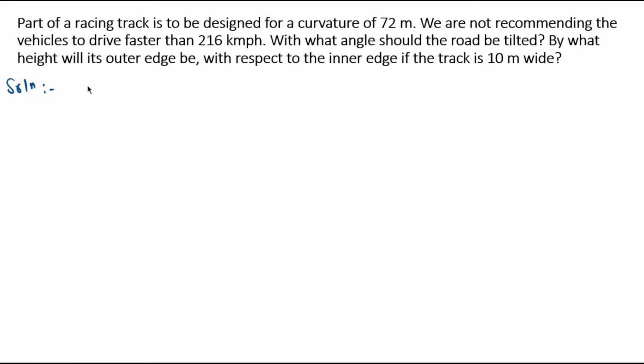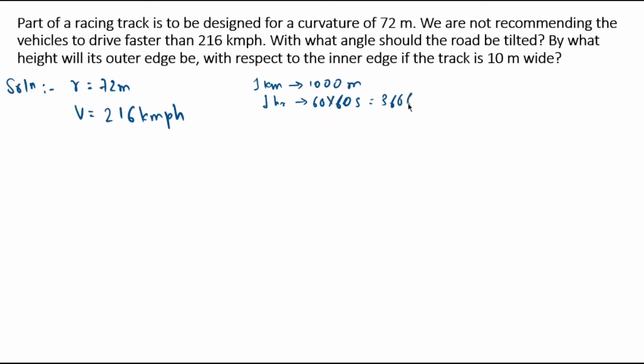The radius of the racing track is given to us as 72 meters, and the velocity at which the vehicles are to be driven is not more than 216 km per hour. So velocity is 216 km per hour. So we know that 1 kilometer is 1000 meter, and 1 hour is 60 minutes into 60 seconds, that is 3600 seconds.